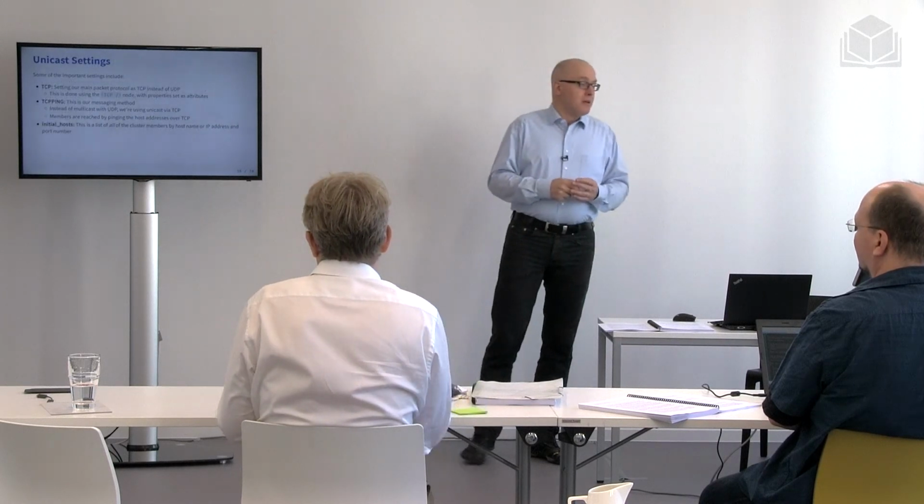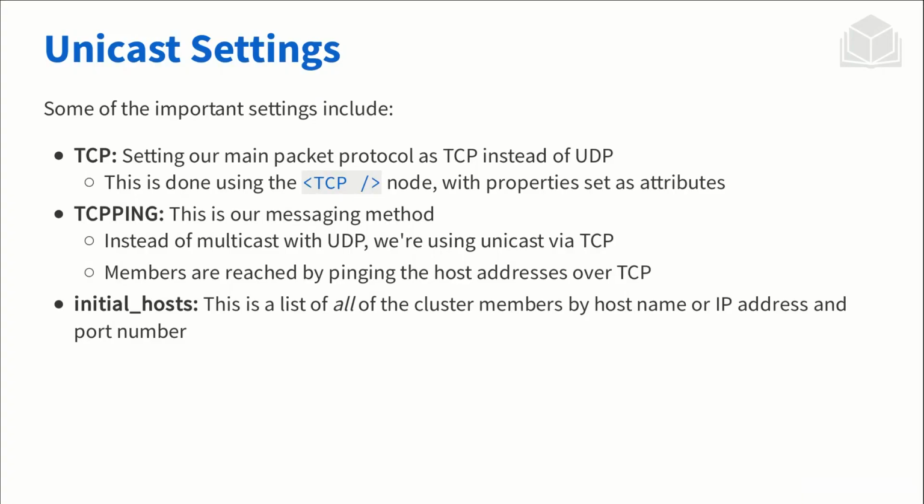Configuring for Unicast means you've got to choose one of the Unicast methods, and for example, we have TCP ping there. Ping is basically the discovery protocol in this case, where you'll have to give the Unicast addresses, where you'll have to discover them all, and you have to have a list of all of the cluster members by either host name or IP address, and by port number.